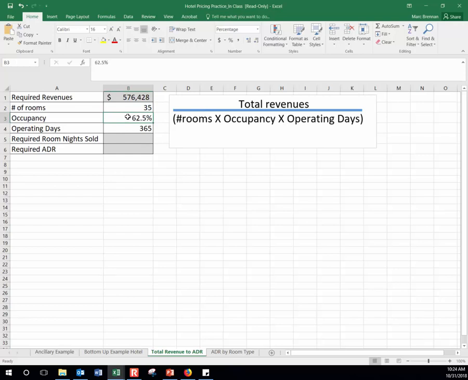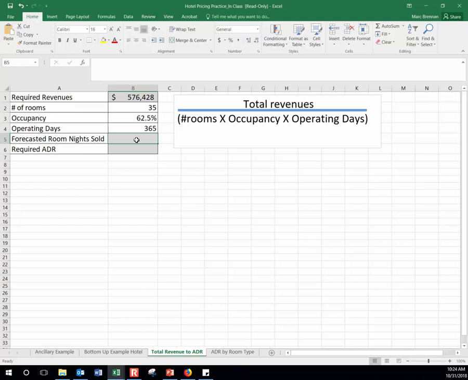and I believe I'm going to have 62.5% occupancy. That's my forecast. And 365 days a year. Or we can change this to forecasted room nights sold. So how can I know my forecasted room nights sold? Well, I know how many rooms I have. I know my occupancy. I know how many days in the year.